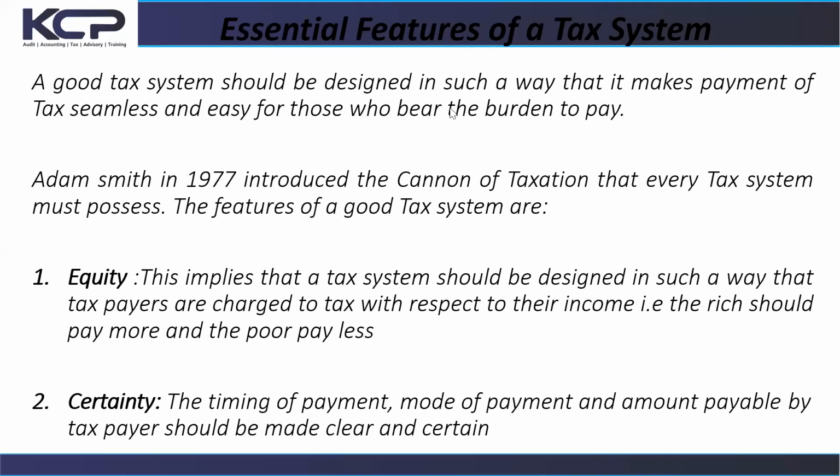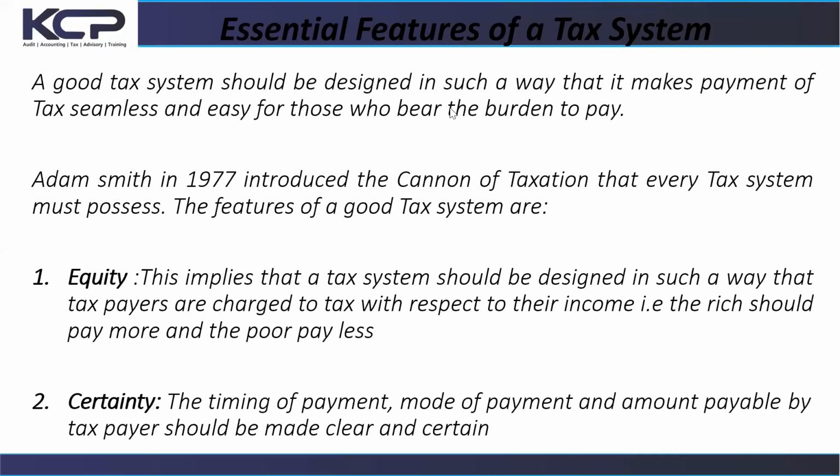Adam Smith in 1977 introduced a canon of taxation that every tax system must possess. So what are these canons? One is the canon of equity. It is expected that irrespective of what you earn and how you earn, the amount of tax that you pay must be proportional.